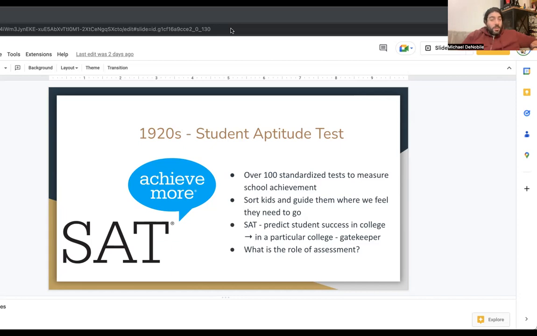Well, to the country, it might. So we're going to use a test to be that gatekeeper to prevent you from going there. As we all know, fast forwarding 100 years later, the SAT and the ACT isn't really used as much as it used to be in the early to mid 20th century, and even to the mid to late 20th century. It really has lost that centralized factor in college admissions.